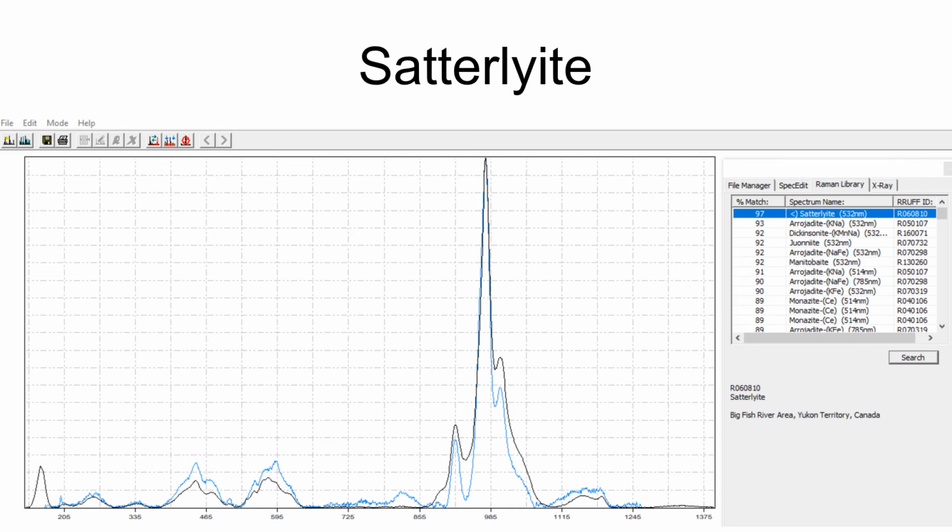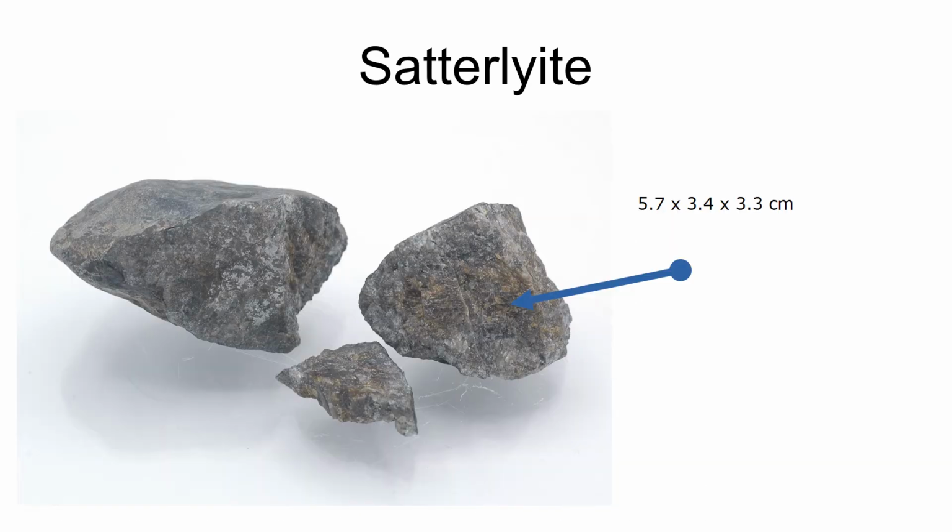The Raman spectra for that sample again shows strong correlation with satterlyite from Big Fish River. Another example of satterlyite is clearly seen towards the center portion of a nodule, again surrounded by grayish to colorless marićite.